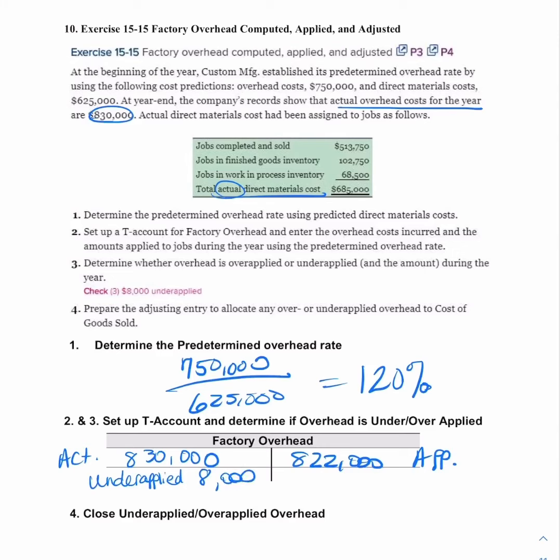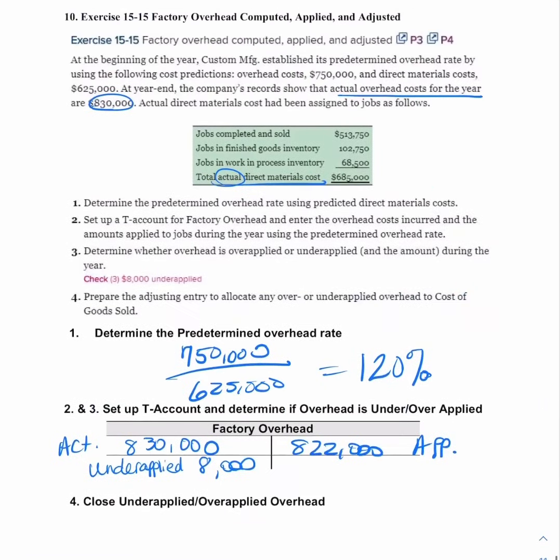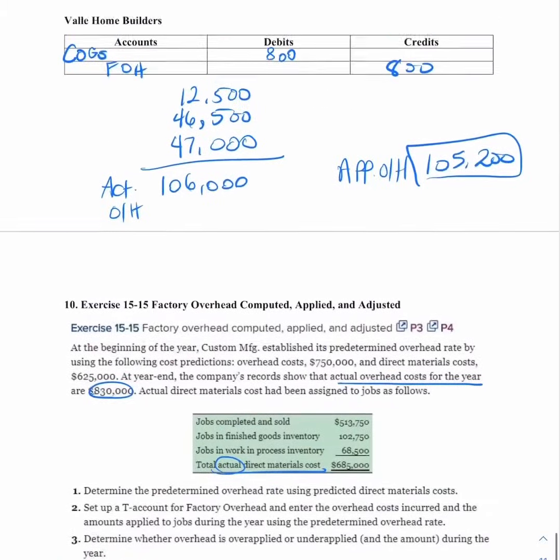So the question then asks us to close under applied or over applied overhead. So to do this, we will simply debit the cost of goods sold account for $8,000, and we will credit the factory overhead account for $8,000. And that wraps up this homework assignment.